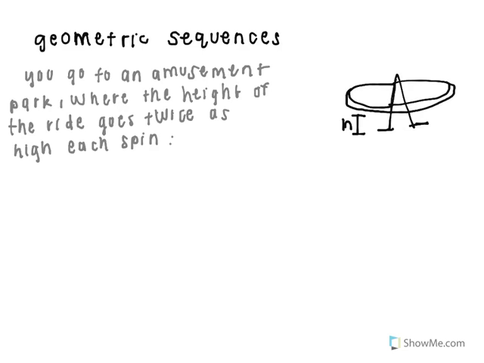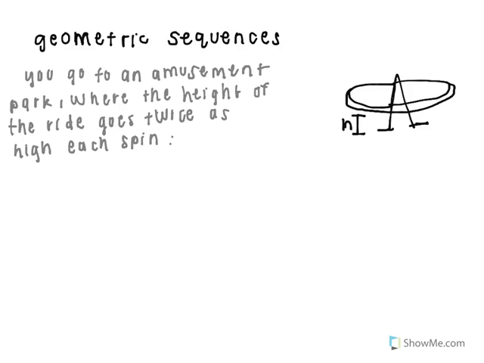So, back to the geometric sequence, let's do a real world practice problem. Let's say we're going on an amusement park ride where the height of the ride goes twice as high each spin. Now, let's imagine that the height of the first spin is 5 feet above the ground and the ride goes for multiple spins.